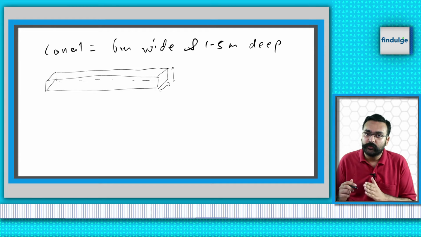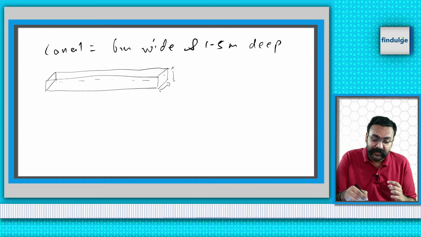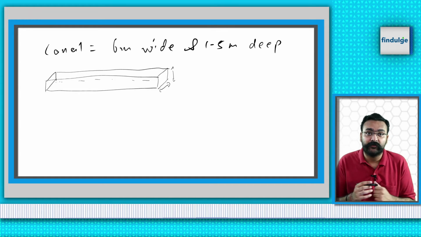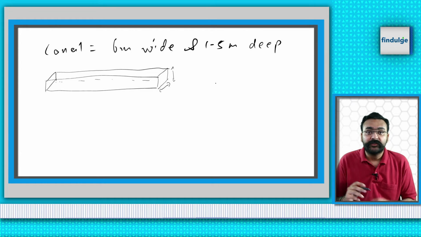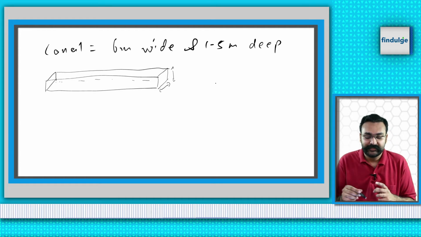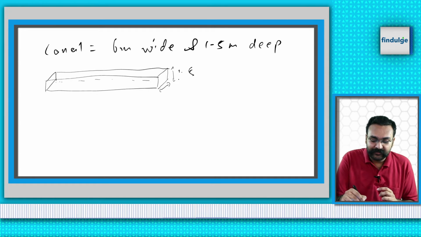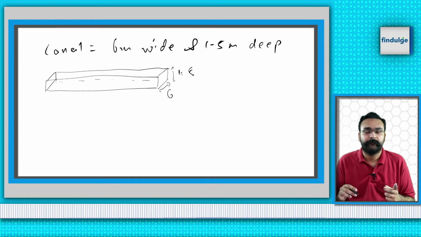So you will get other questions in which they'll give you the radius of a pipe. In that same case, the area of the circle of the pipe is the area of cross section. This is nothing but a cuboid. The volume of the cuboid is length into breadth into height. I have breadth, I have height. To find the length, we will use the flow speed of the water.